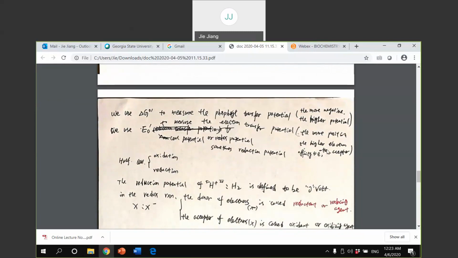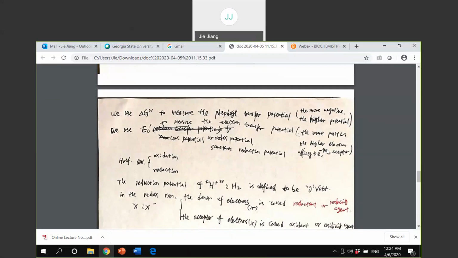So now, when we talk about oxidative phosphorylation, we have to consider a lot of the energies, and even more, we need to consider another term related with the energy, that is the cell potential. If you still remember in Gen Chem 2, the last section we discussed cell potential.